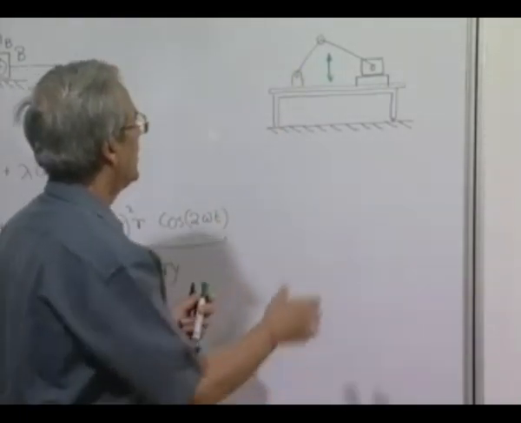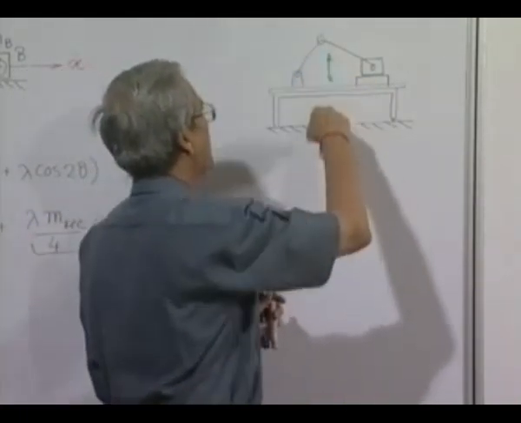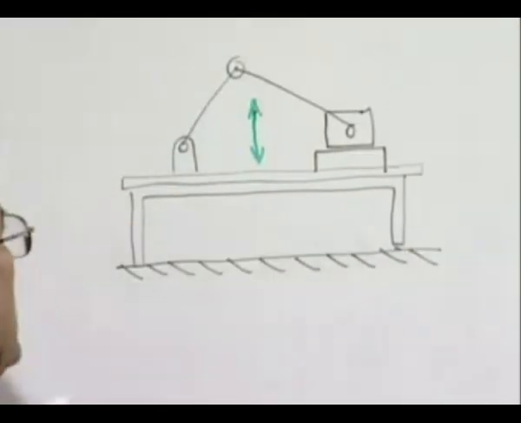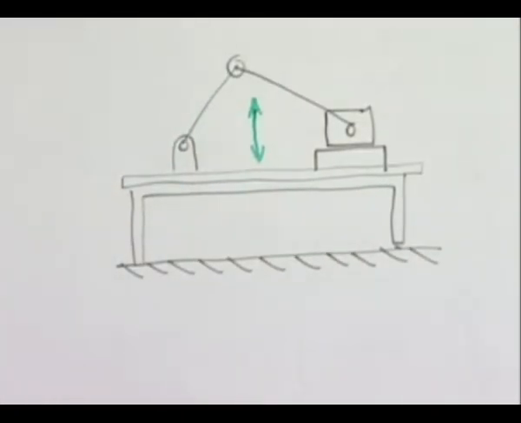So, therefore, if we can generate a force in this direction, but completely remove the force in this direction, it is sometimes an acceptable solution.